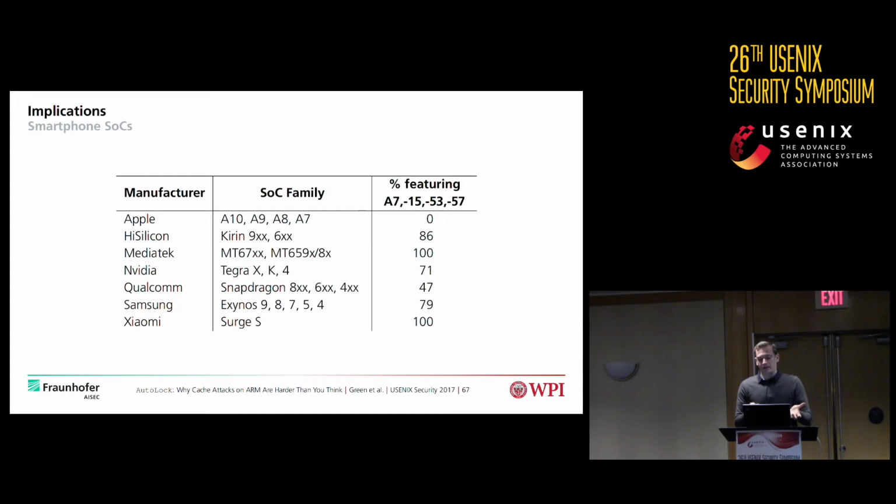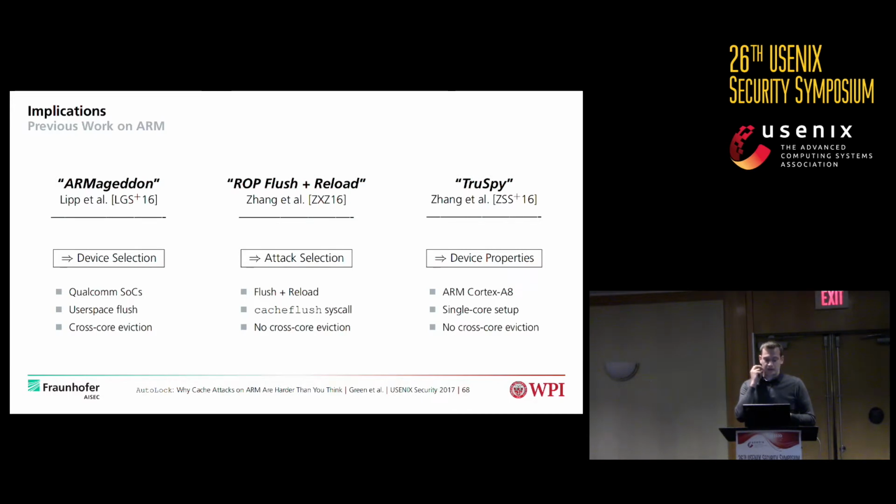So the question is, if presumably a lot of chips have AutoLock, why did no one before recognize it? That is a list of previous work that tried user space cache attacks on ARM processors, and we think there are a couple of reasons why they didn't see it. First of all, device selection is very important. The Armageddon paper, for instance, at last year's USENIX, had one test device, which was a Qualcomm Krait 400, which we think simply doesn't feature AutoLock.